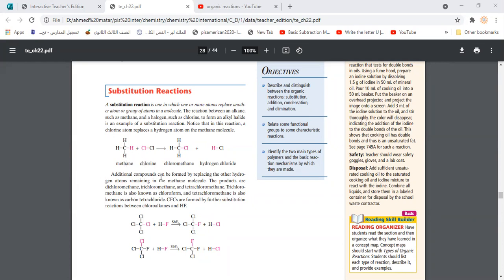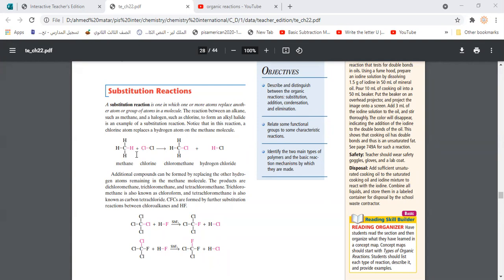In that case, they form the alkyl halide, R, which means an alkane that lacks a bond, and this bond is replaced by chlorine. This is considered an initiation reaction for many other reactions, since this alkyl halide is produced for different purposes and reactions, as we studied in the previous section.